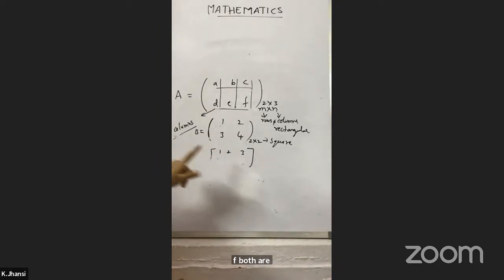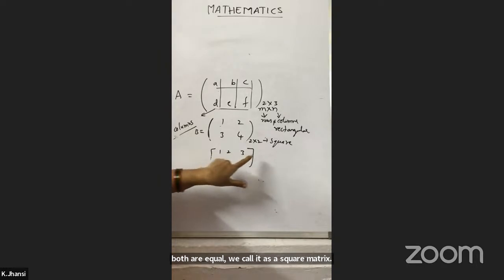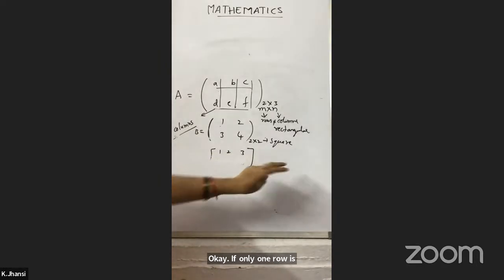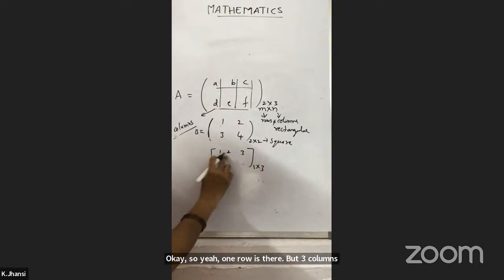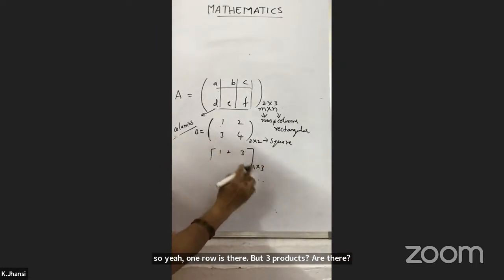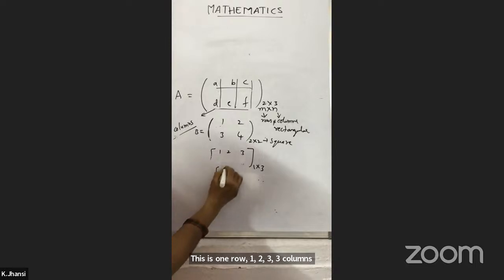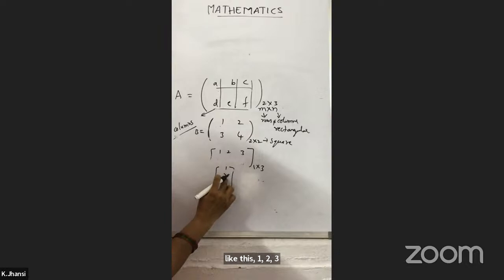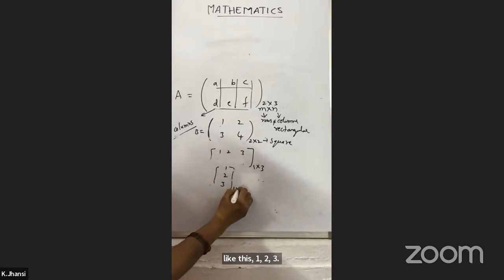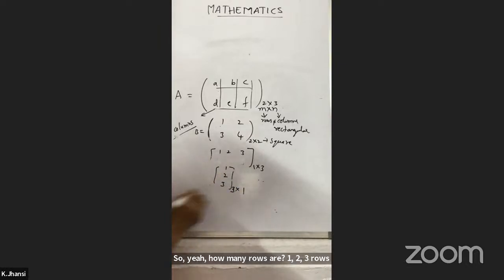Okay. If only one row is there, then we call it a row matrix. Here one row is there, but 3 columns are there. This is one row, 1, 2, 3, 3 columns. And if we take it like this, 1, 2, 3, how many rows are there? 1, 2, 3 rows. Column is 1.